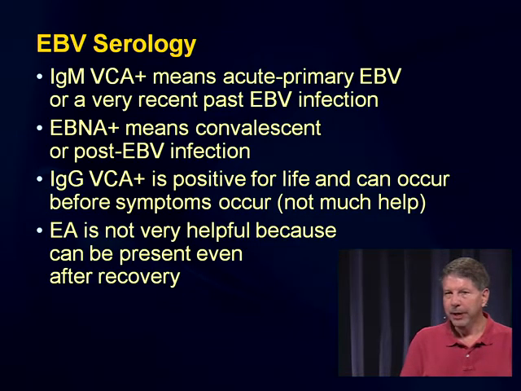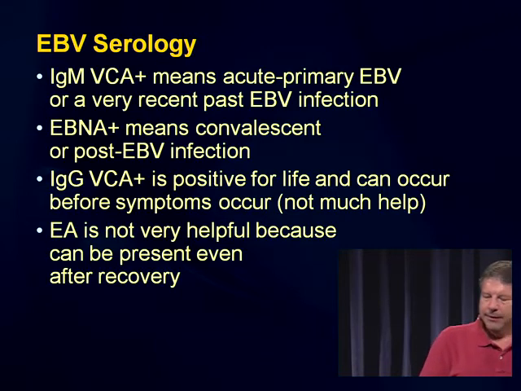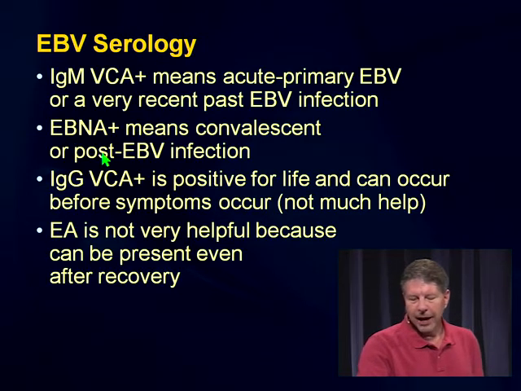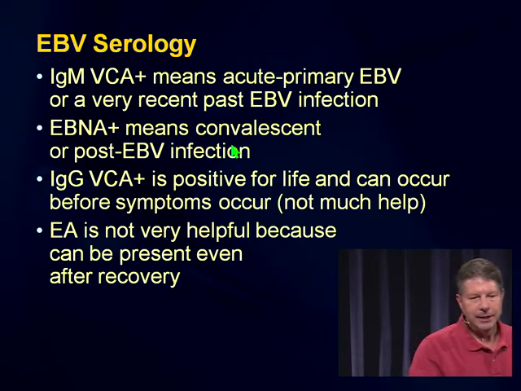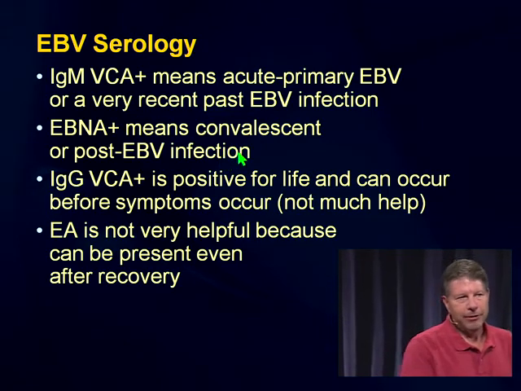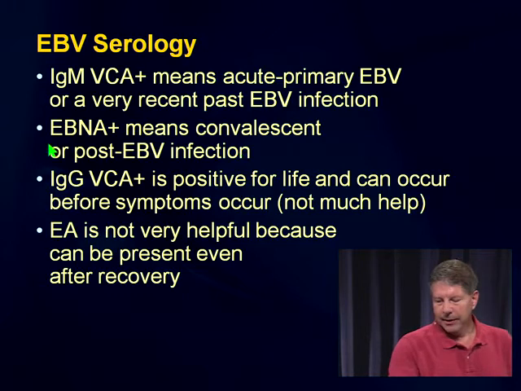Okay? Just pick it. This EBNA, if they are EBNA positive, all that means is they're probably convalescent and they're post the infection. So EBNA just means they've had it. Okay? And they're convalescing. This IgG is useless. IgG tests generally are useless.